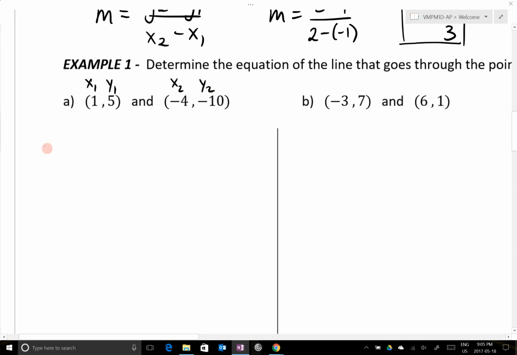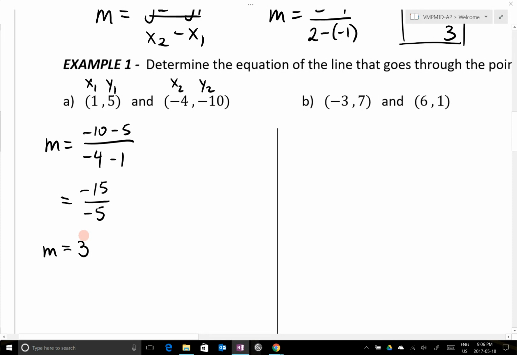So my slope, m, is going to be y2 minus y1, so -10 minus 5, divided by -4 minus 1. And -10 minus 5 is -15, and -4 minus 1 is -5. And -15 divided by -5 is +3.